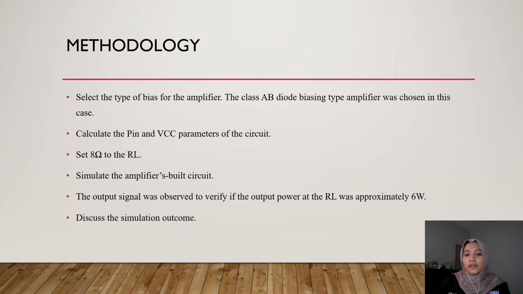Firstly, we have to choose the type of bias for the amplifier, which is the class AB amplifier, and then we have to calculate the power input and VCC parameters of the circuit. We set the resistor RL to 8 ohms, and then we simulate the amplifier that has been built in the circuit.